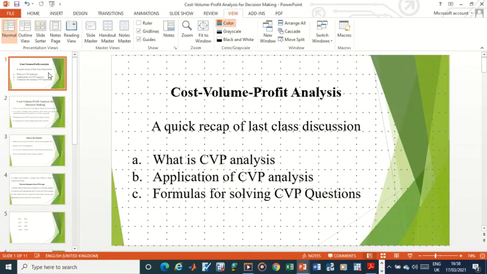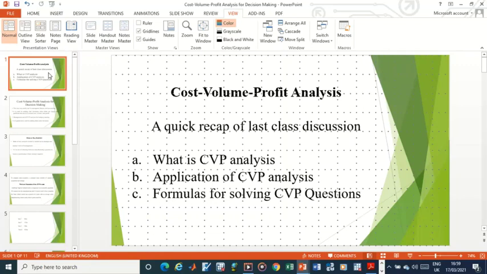We also discussed formulas for solving CVP questions, of which I talked about break-even point in unit, which is fixed cost over contribution per unit. Fixed cost divided by contribution per unit. Then we also have break-even point in sales.